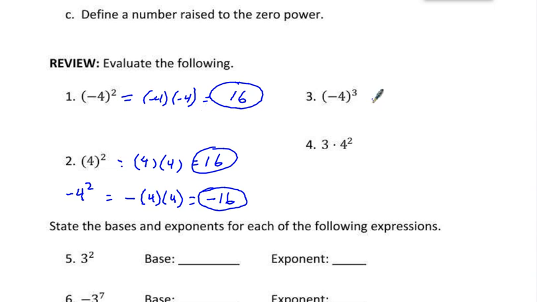Example 3 here. Negative 4 times itself 3 times. The negative 4 times the negative 4 we have done in example 1, that's positive 16. That times a negative 4 is now 64, but there was one negative times one positive, so negative 64.